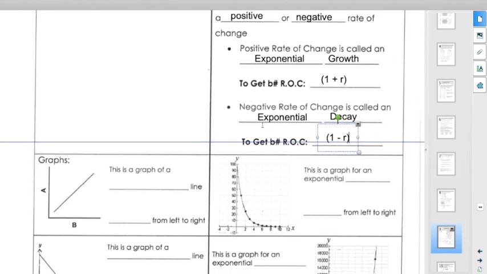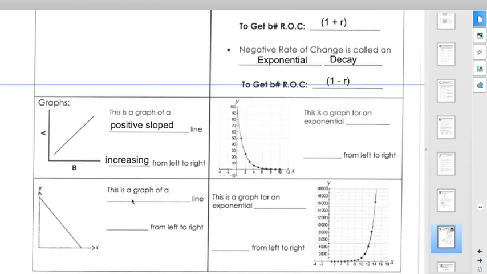Let's take a look at examples of graphs. So here, this graph is a linear function, but in specific, this graph is a positive sloped line. And why is that? Well, because it's increasing from left to right. So this is for linear functions.